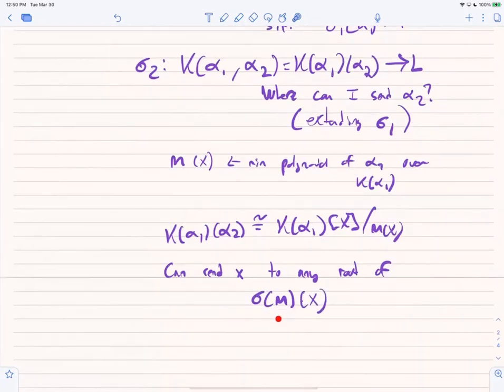Here this means apply sigma 1 to the coefficients. This is the minimal polynomial, so this is contained in all of x.